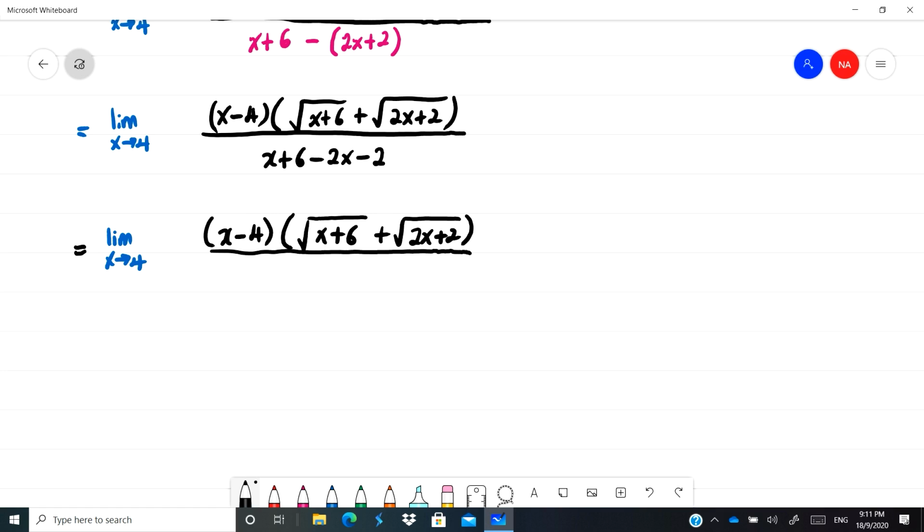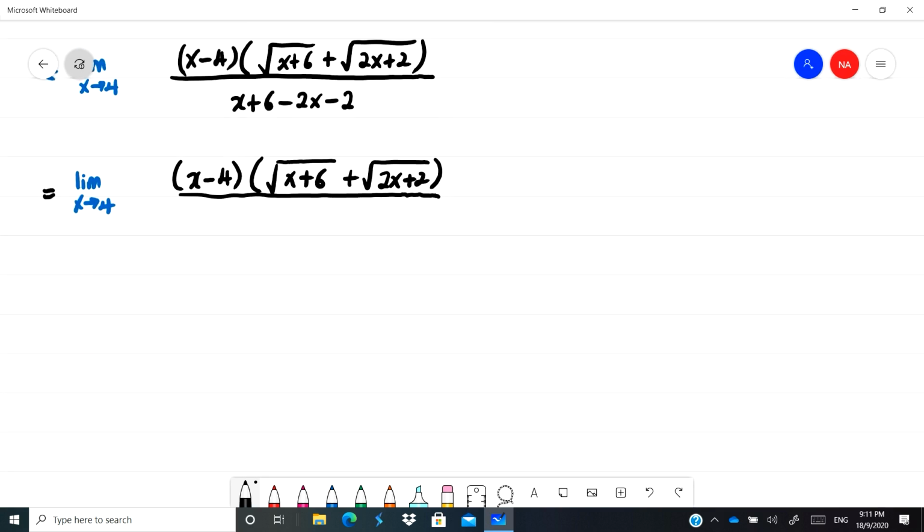Now this part is written as negative x plus 4, and we are going to try to cancel it with that part, but that one is x minus 4. So we have to factorize the negative out.